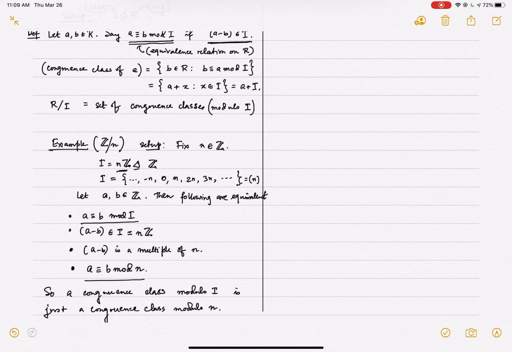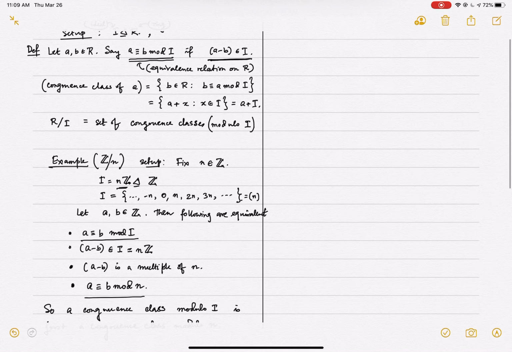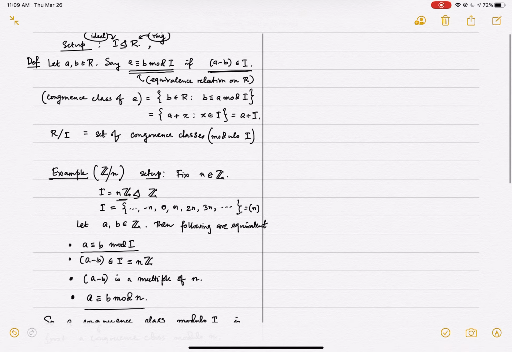So to be more specific, you can take n equals 5 or something. So I is the ideal 5Z, all multiples of 5.